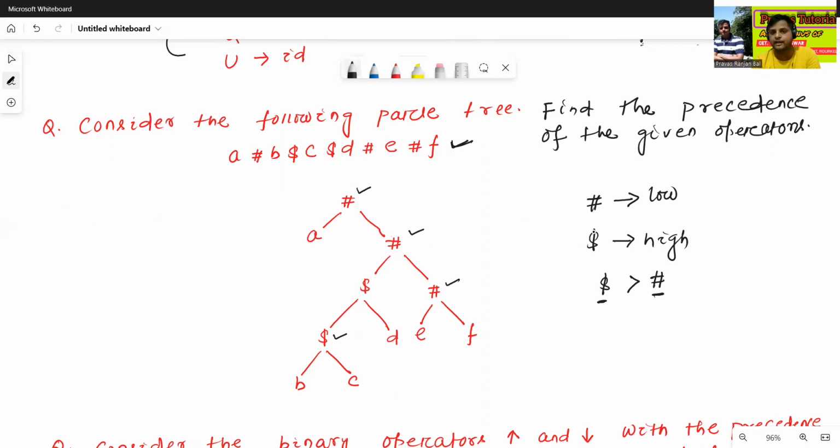So first we'll evaluate the dollar operator. That means either we'll evaluate B to C or C to D.